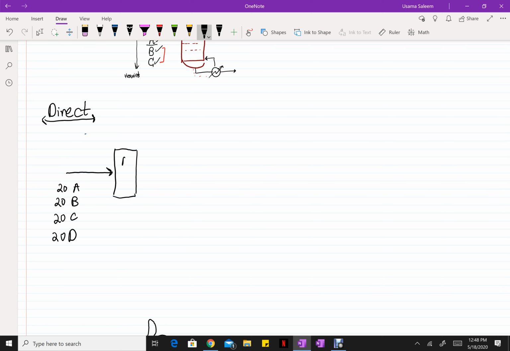So in your first column, the split between A and B, all of A goes to the top, everything else at the bottom. So now you have 20 moles of B, 20 moles of C, and 20 moles of D. So for the direct sequence, all the products are withdrawn in the distillate.